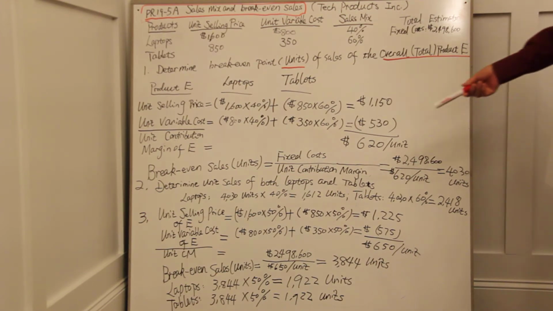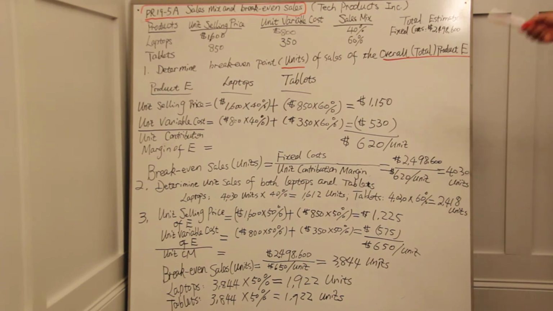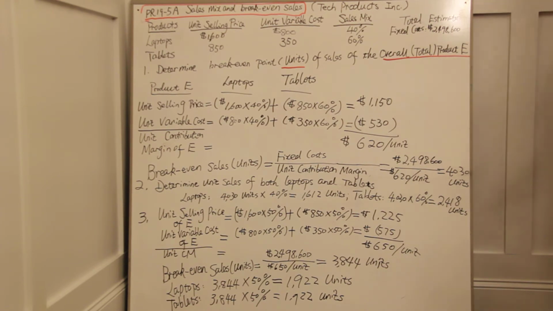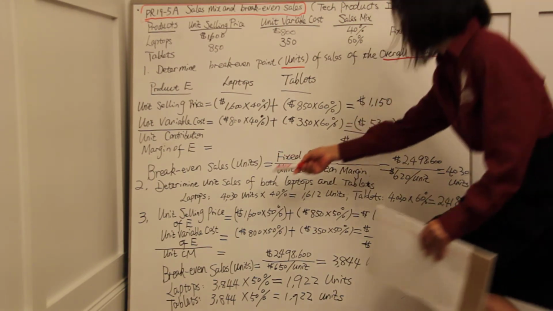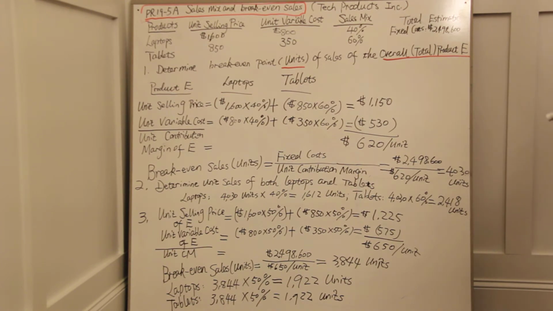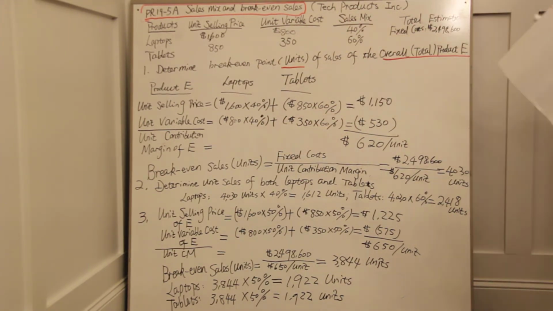Next, we are supposed to determine the unit sales of both laptops and tablets. We are given the sales mix, and we already determined the break-even sales in terms of units for product E. So laptops equal the break-even sales in units for overall product E, 4,030 units, times the laptops sales mix percentage, 40%.